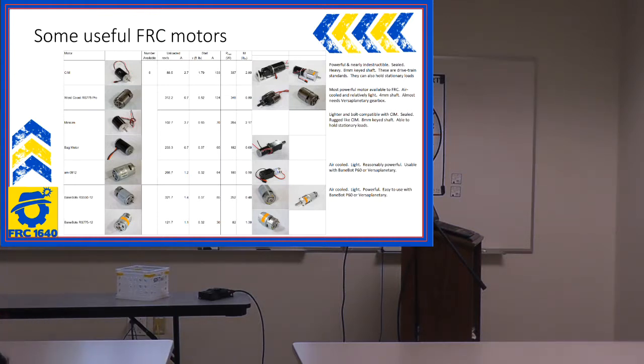But actually, that is our most powerful motor available in FIRST right now. Really useful, but while it's really powerful, if you stall it, if you put it in a position where it wants to run and you stop it, you have probably a second or 2 before you let the blue smoke out. And then it doesn't work anymore.